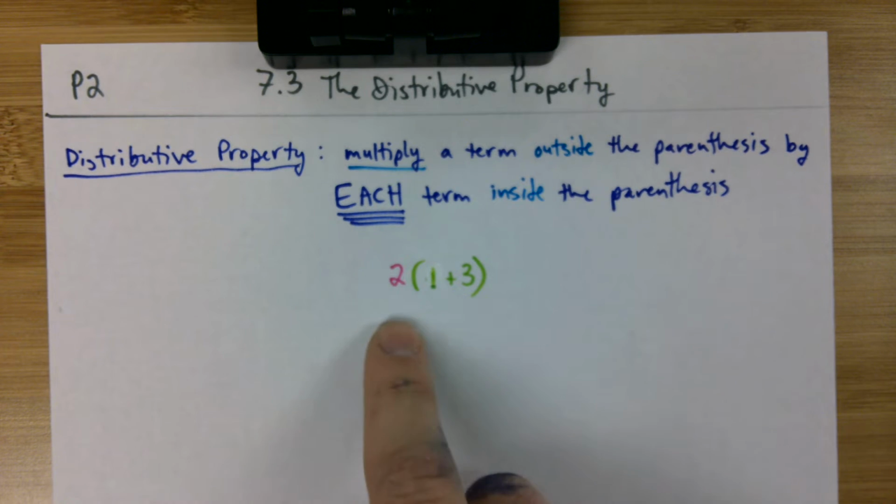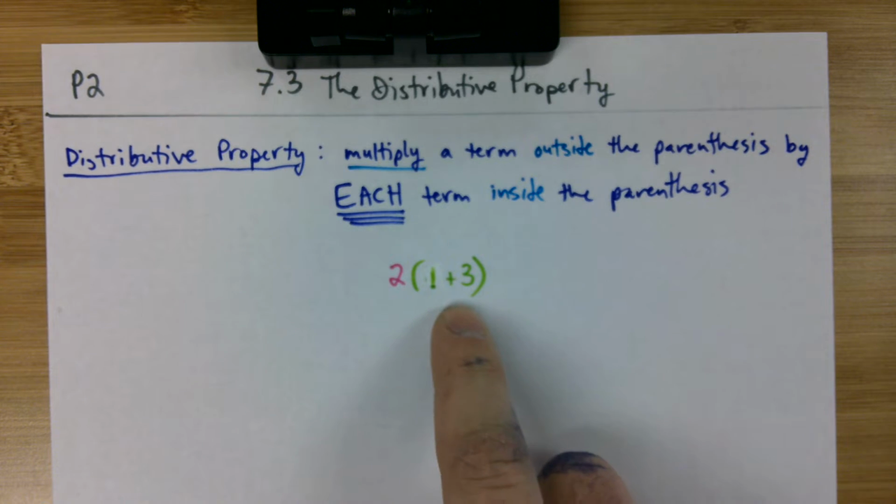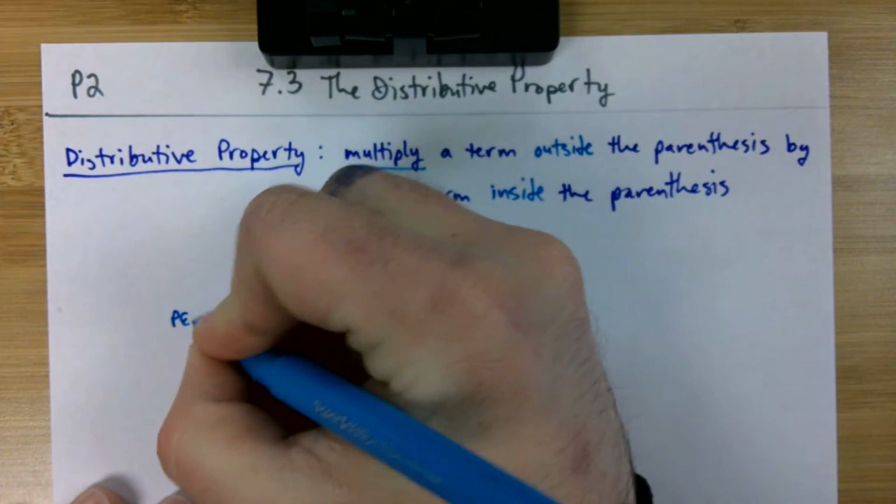So if we have something like 2 times the quantity of 1 plus 3, we can look at this in one of 2 ways. Let's look at the first way, and that's the PEMDAS way.